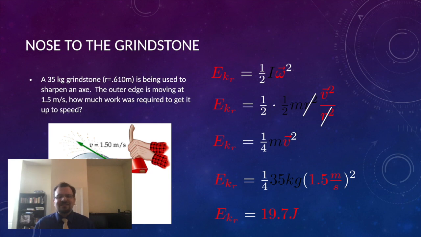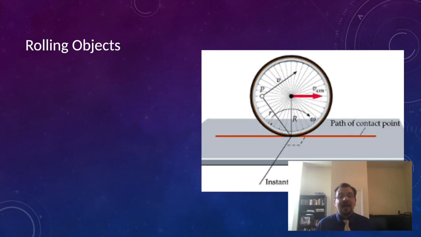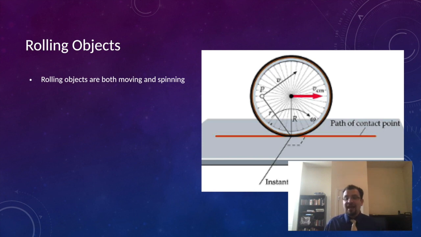So this is for an object that is sitting still and rotating. However, there's going to be lots of objects that we deal with that are rolling. So let's talk about those. So when you have a rolling object like this, you've got two kinds of motion. So it's both moving and spinning.